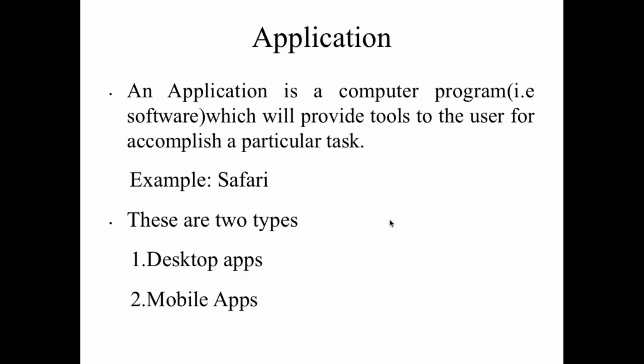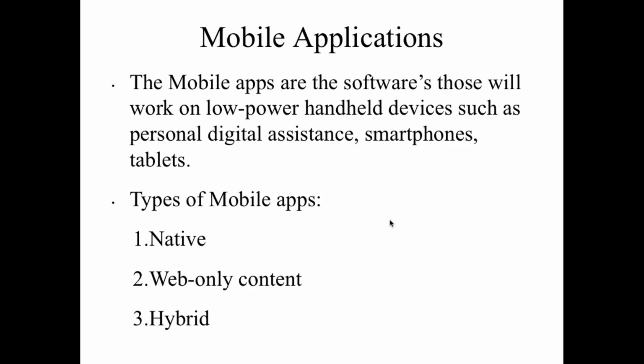In these mobile applications, again there are categories available: native applications, web-only content, and hybrid applications. Native application means for any application development, we need some components, tools, some SDKs. All these things will be provided by the companies. For example, Apple will provide the iPhone SDK, Google will provide the Android SDK.